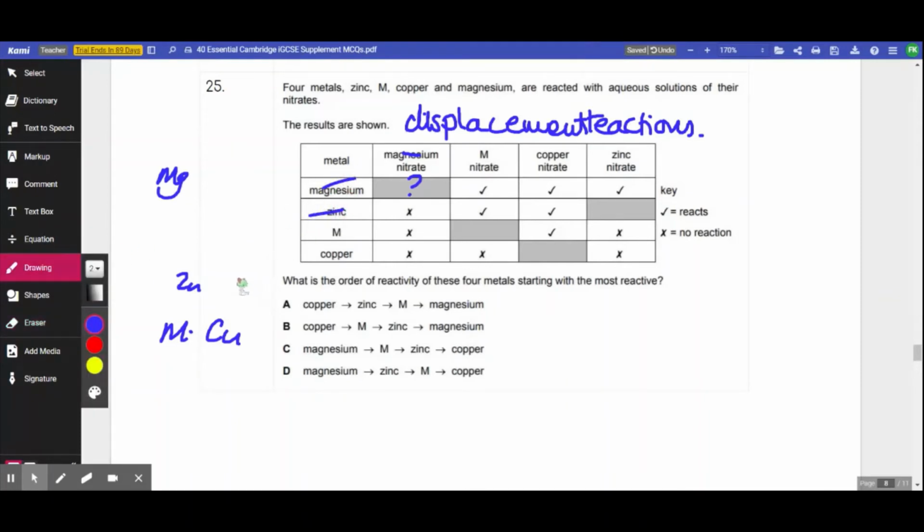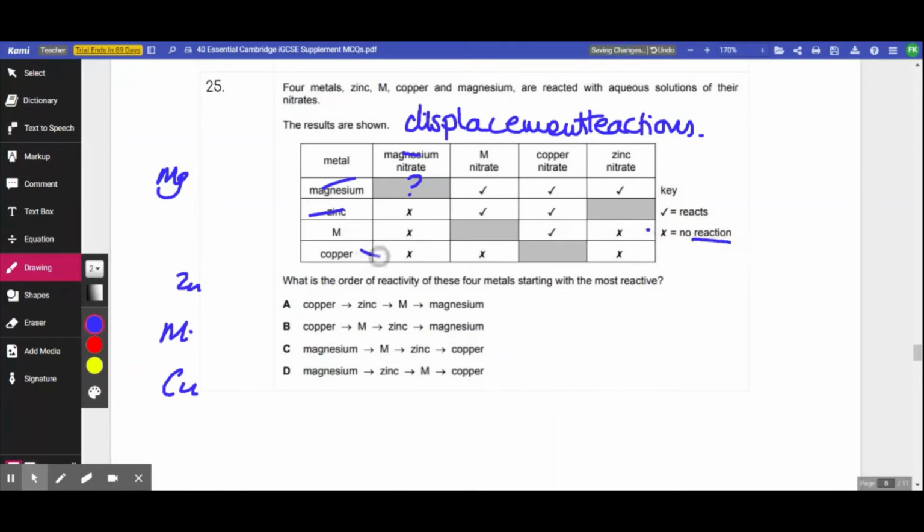Now M doesn't displace magnesium. We already know that. Does it displace copper? The answer is yes. So we've got enough information now to form a conclusion. You can leave the last ones, because you can actually check if you're right. M should not be able to displace zinc. That is true, there's no reaction there.